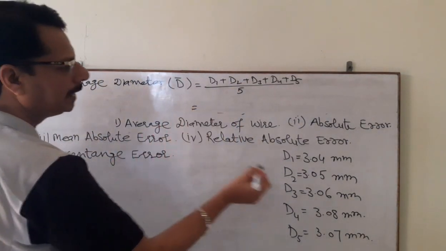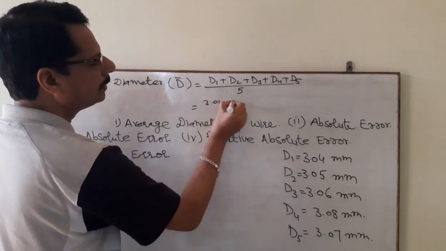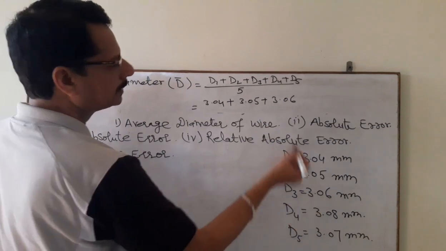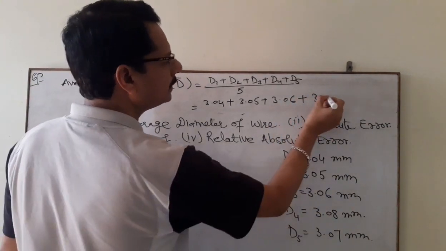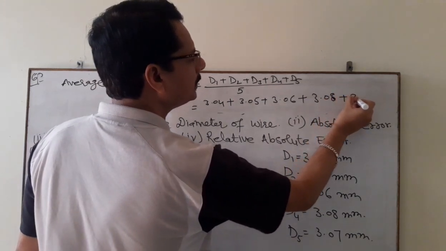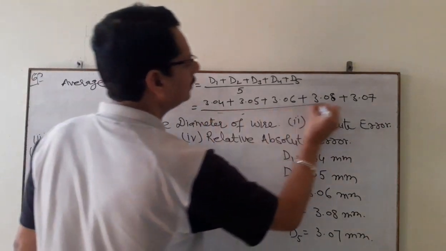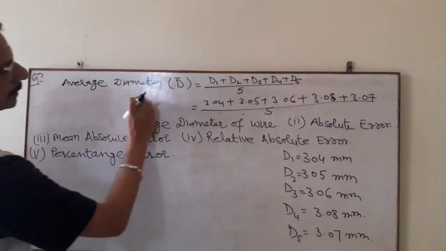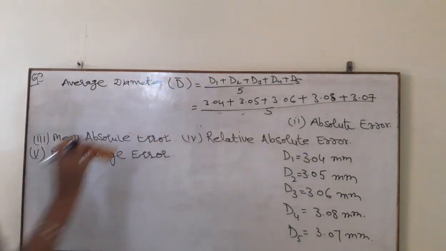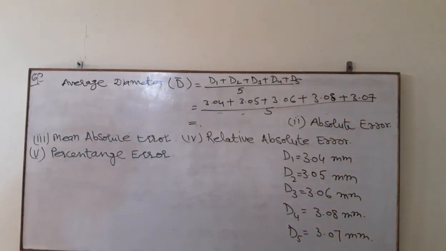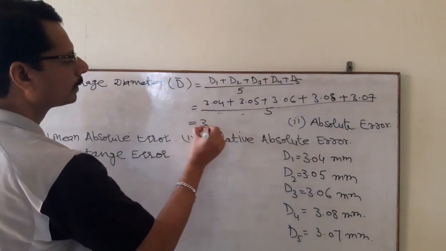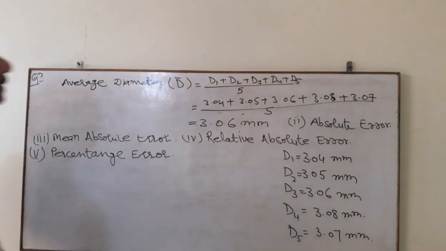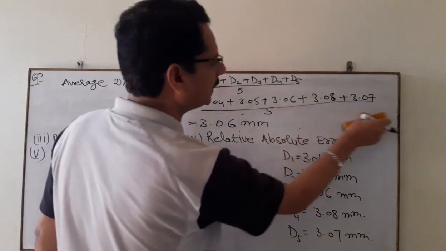Put these values: 3.04 plus 3.05 plus 3.06 plus 3.08 plus 3.07 upon 5. So this comes out to be 3.06 mm.